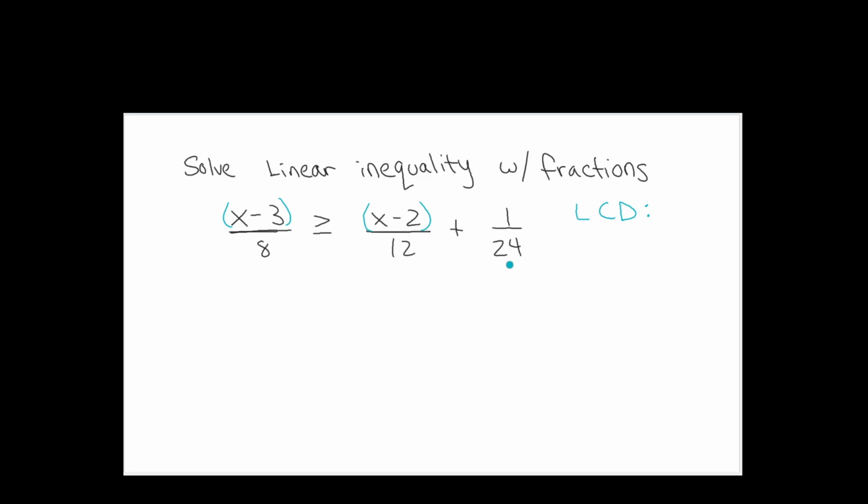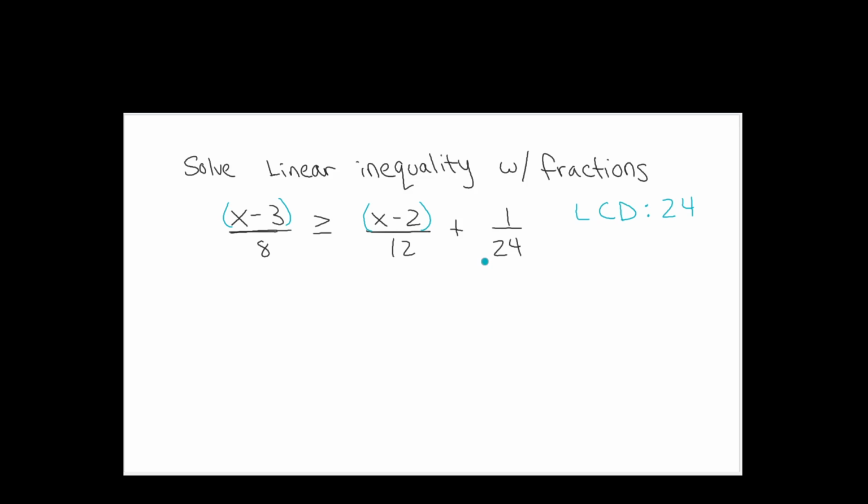So like 24, I see 2 times 12 is 24. So 24 is a multiple of 12. That's a good start. That means we just need to look at the other number, which is 8, and see, is 24 already a multiple of 8? And sure enough, 8 times 3 gets us 24. So 24 is the least common multiple of the denominators, because we can get it from 8 by multiplying by 3, and get it by multiplying 12 by 2.